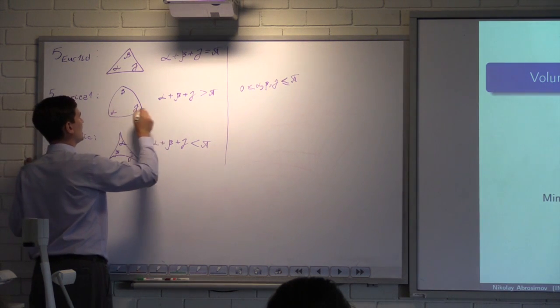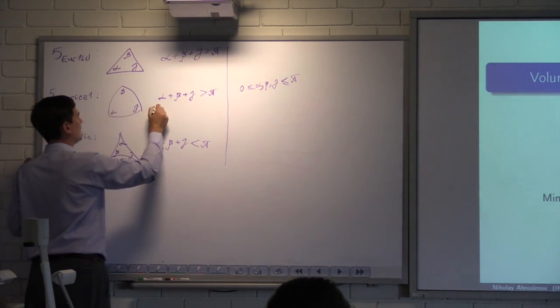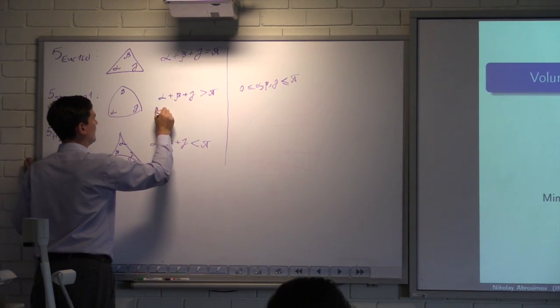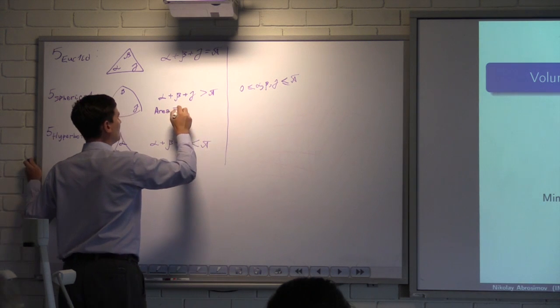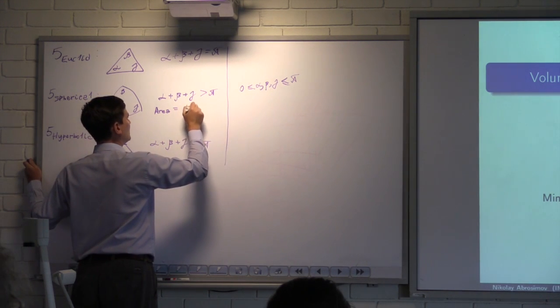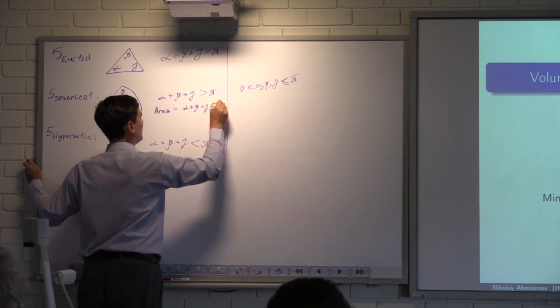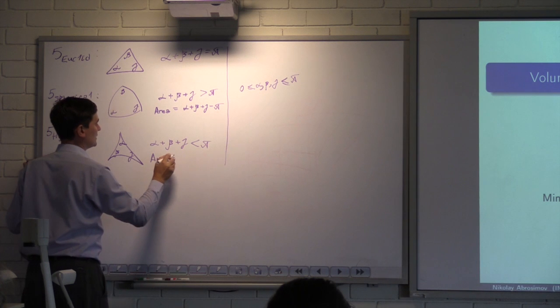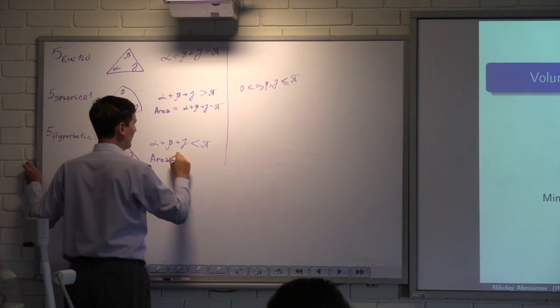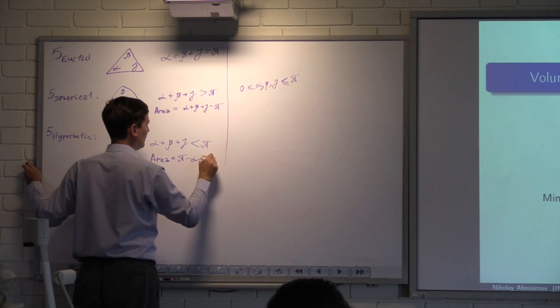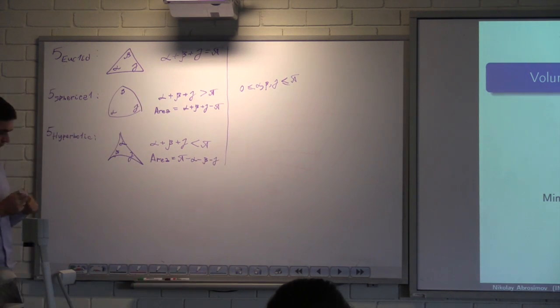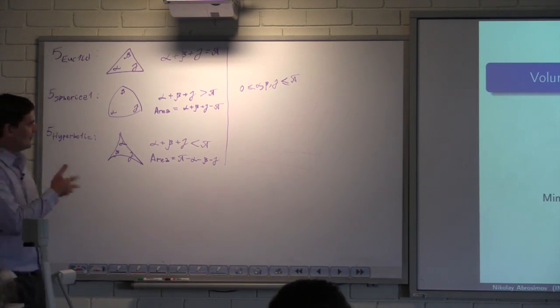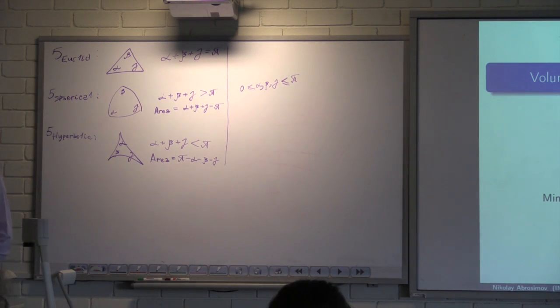So in the spherical case, the area is equal to alpha plus beta plus gamma minus pi, and in the hyperbolic case, the area is equal to pi minus alpha minus beta minus gamma. So I hope this is enough for us.